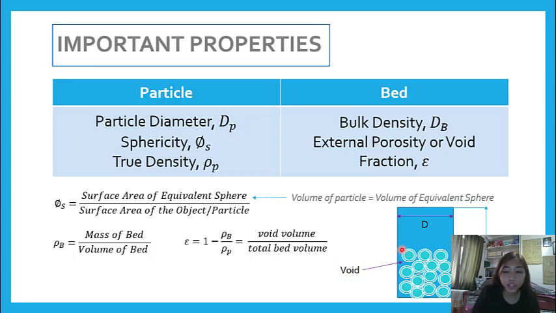And for the total bed volume, let us keep in mind that when we compute it, we do not use the height of the container. We will use L, the bed height of the bed of solids. Okay? So, next.